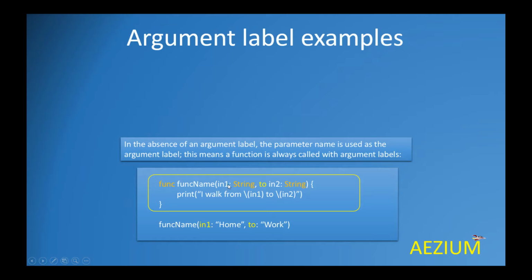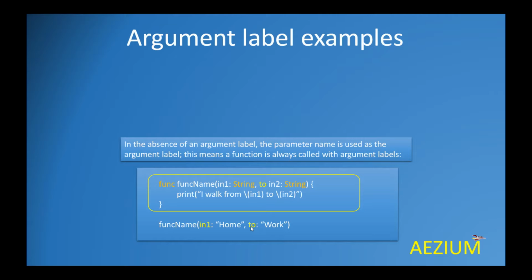Here's an example when we have only one argument label. For the first parameter, we are not using an argument label, but when we're calling the function, we use in1 as the argument label for the first input parameter, but we use to, which is that argument label which is specifically provided for the second parameter.